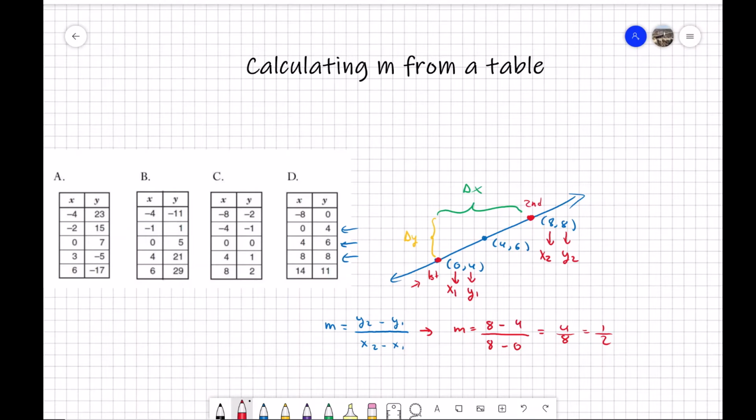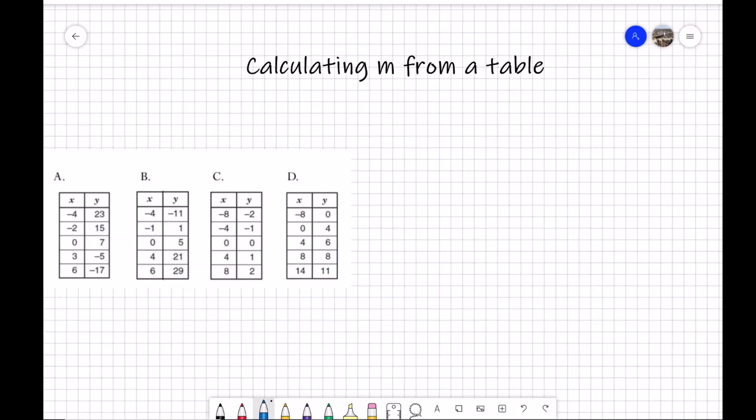Just by knowing the points, because remember, we're not looking at the graph, we only know the points of the function. So now let's do A. Again, as I said before, these numbers represent the different points in a function.